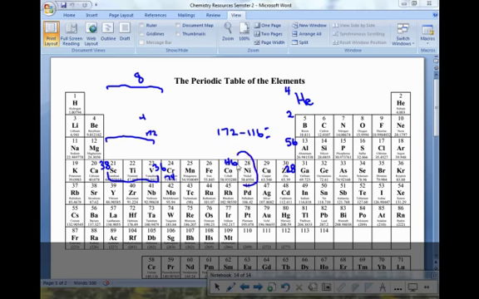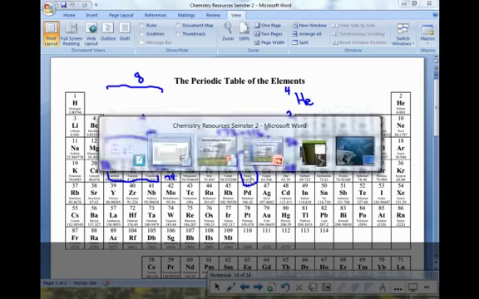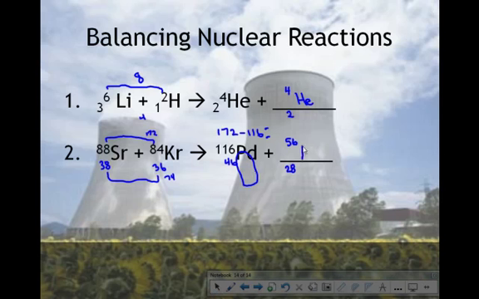Here it is right on top. Nickel. Nickel is the element that goes on the line. So this is how we predict the products of nuclear decay. We just make sure the numbers add up. The top plus the top has to equal the tops on the other side, and the bottoms on this side equal the bottoms on the right. Pretty simple, yeah? Told you it would be easy.